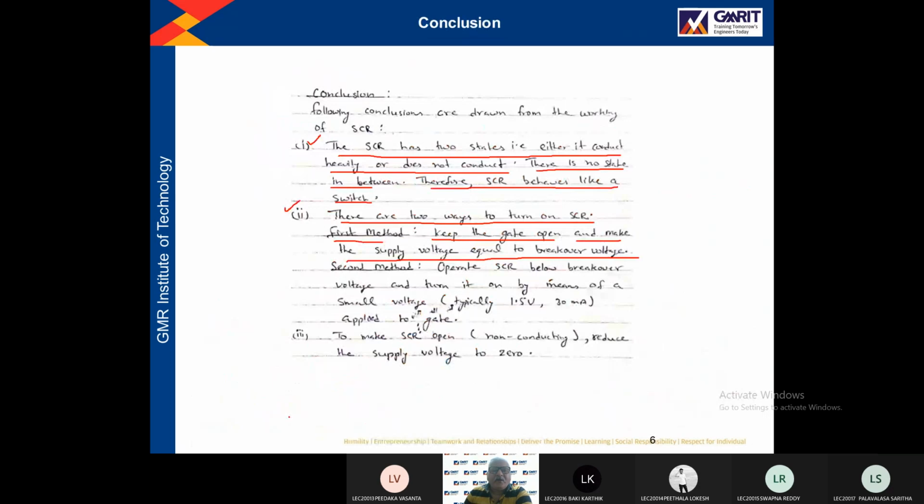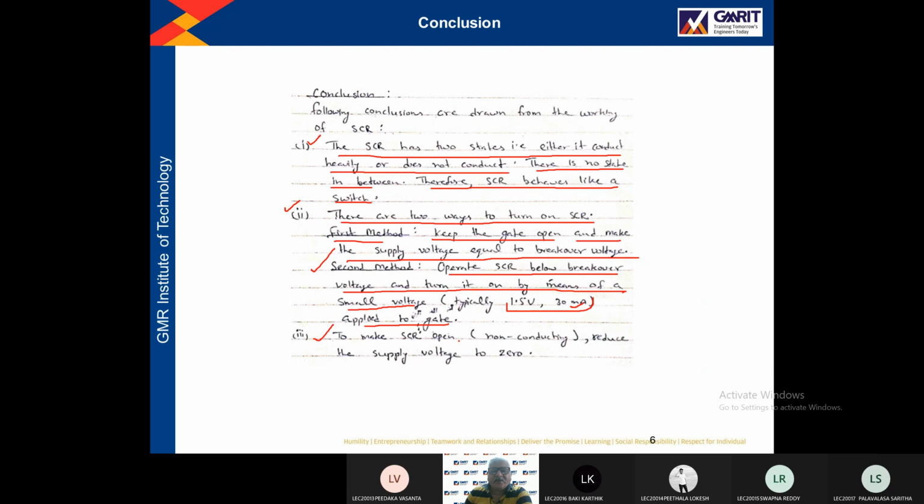The second method is to operate the SCR below the breakover voltage and turn it on by means of a small voltage applied to the gate. You apply a small voltage of around 1.5 volts and 30 ampere current will flow. With that also you can turn on your SCR, at a much lower voltage.